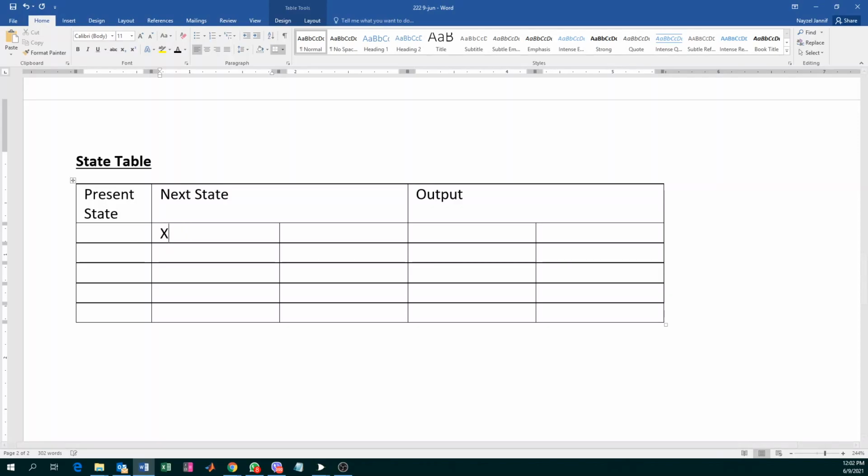We consider x equals 0, and x equals 1, and your output with x equals 0 and x equals 1.